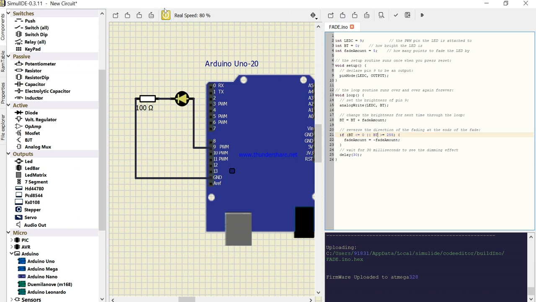Okay, stop this. Can I change it to pin 3? Let's check pin 3. Remove the wire and connect it to pin 3. Run.